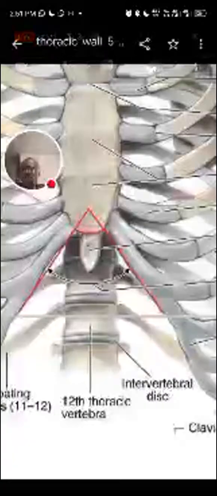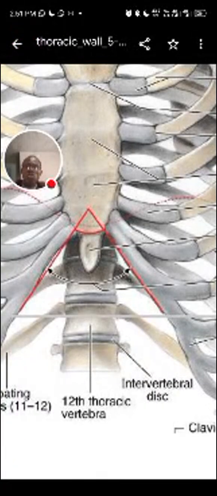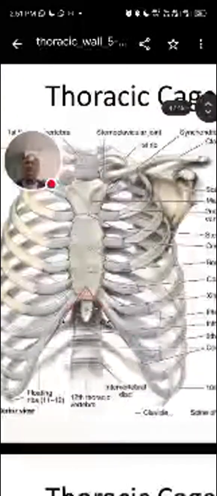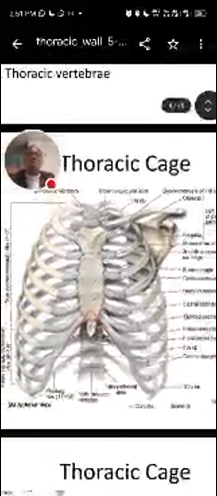What are thoracic vertebrae? You can see this, it is written 12 thoracic vertebrae, meaning they are from thoracic vertebra 1 to thoracic vertebra 12. So that's another composition of the thorax.